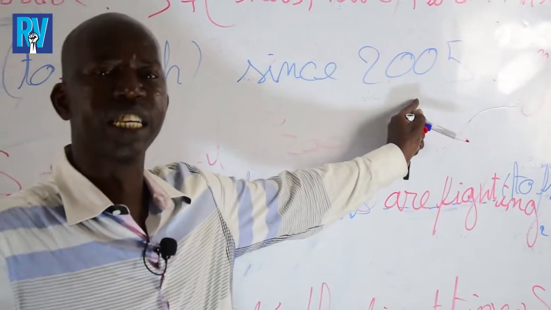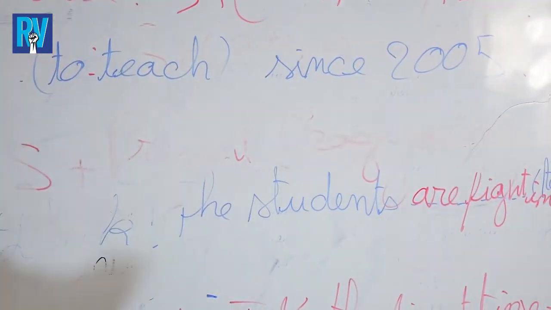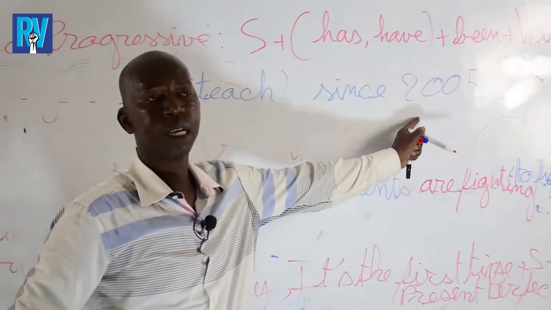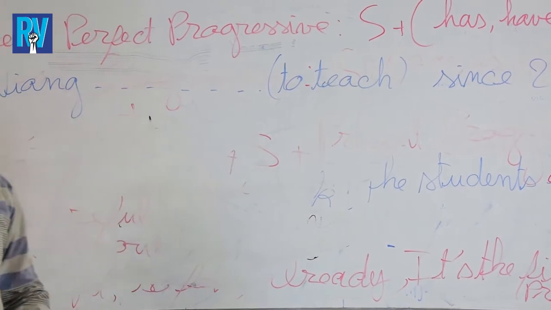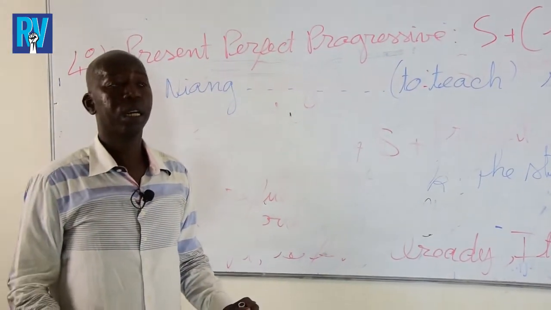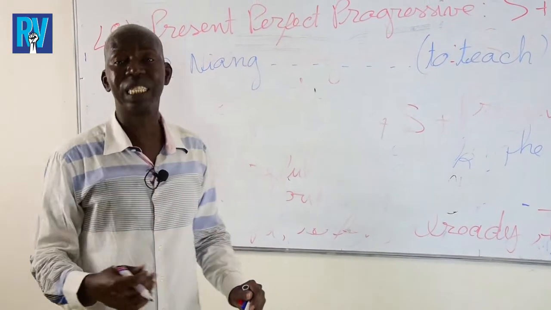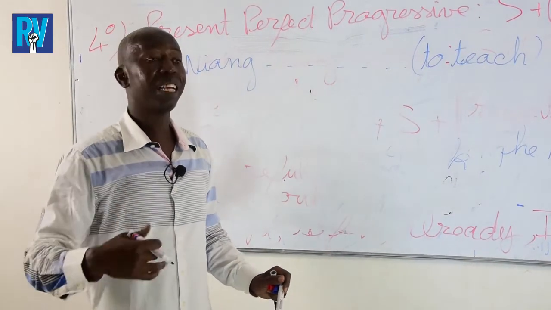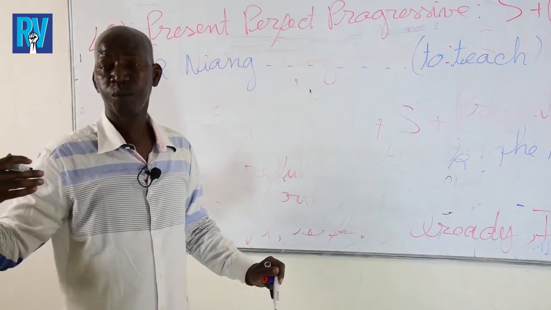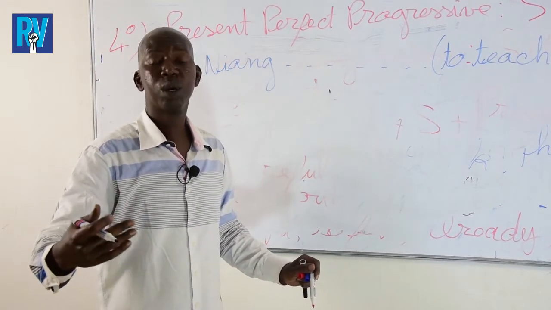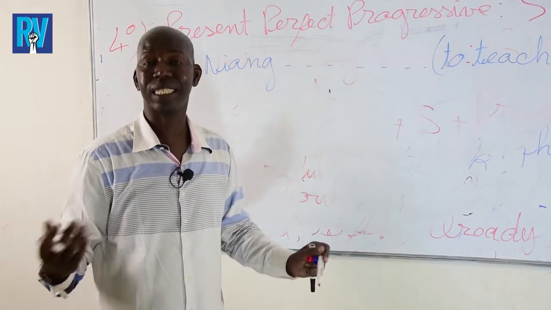Here, this date is in the past. La date est au passé. Mais ici, l'action de M. Young, elle n'est pas encore terminée. Quand je dis M. Young enseigne depuis 2005. So, the action started in the past. L'action a commencé dans le passé, mais elle continue toujours parce que M. Young n'est pas encore en retraite.